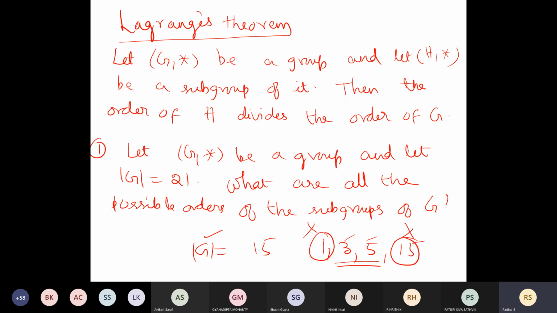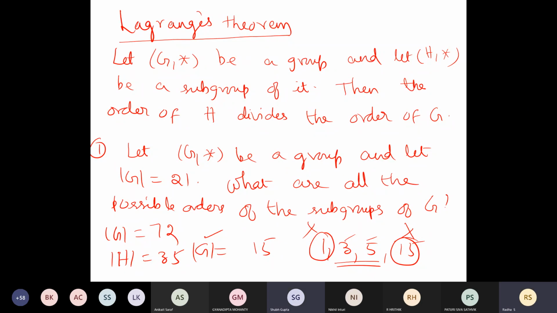Suppose I say the order of G is 72 and the order of the subgroup H is 35. What can you say? By Lagrange's theorem, is this possible?